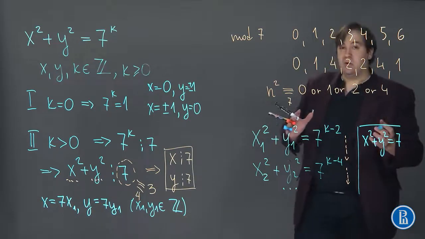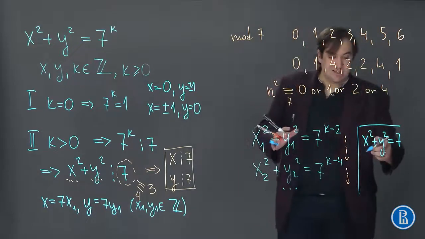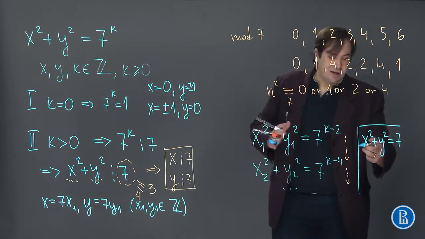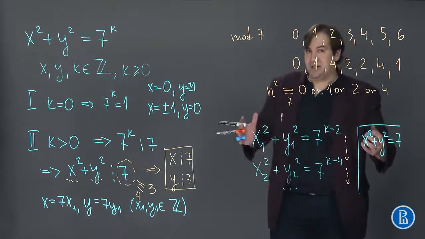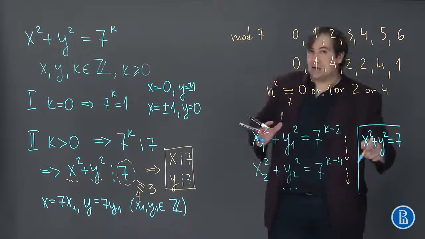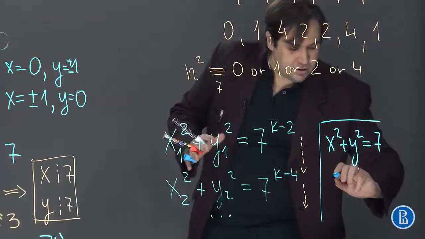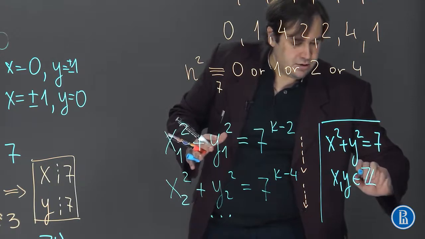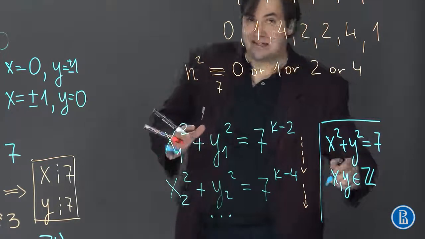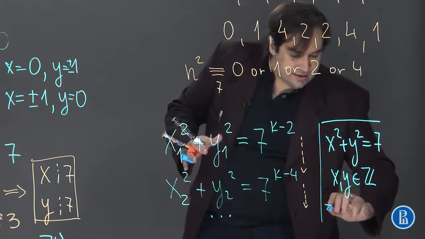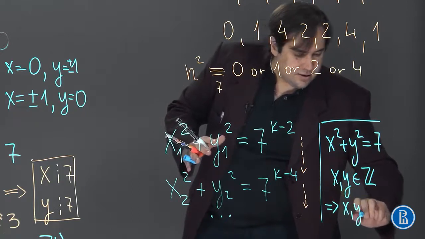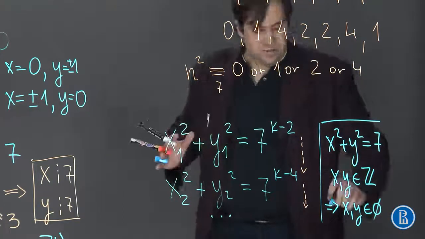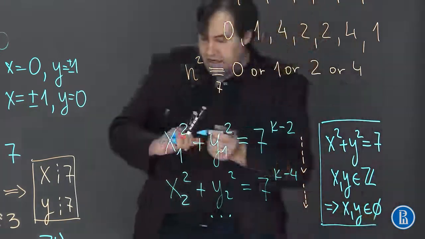But we already know that if the sum of two squares is divisible by 7, then each of them is divisible by 7. So the sum of two squares is divisible by 49. So we understand that this equation has no solutions. If x and y are integers, then x and y belong to an empty set, which means that there are no solutions.